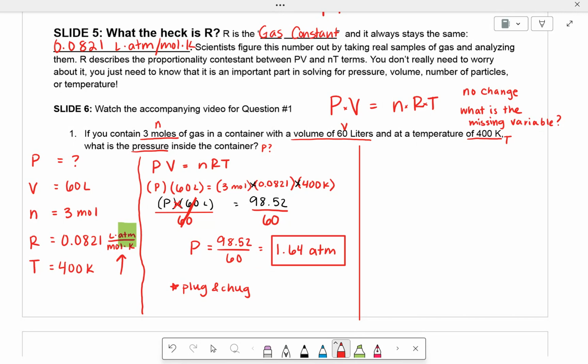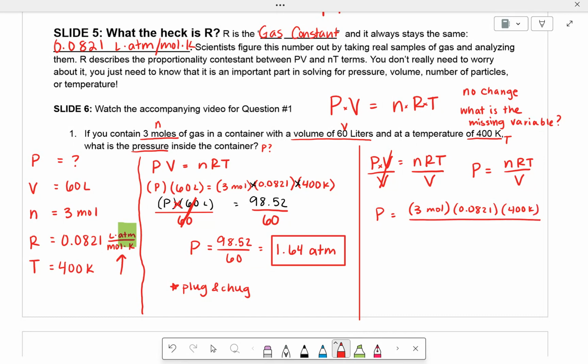If you want to rearrange your equation first, you can totally do that as well. Again, we're looking for pressure. So before we plug any numbers in, we know that we want to get P by itself. So if we divide by the variable V, cancel those guys out, we have a new equation, nRT over V. And from here, you can just plug in all of it all at once. 3 moles times your gas constant times temperature, which is 400, divided by volume, 60 liters.